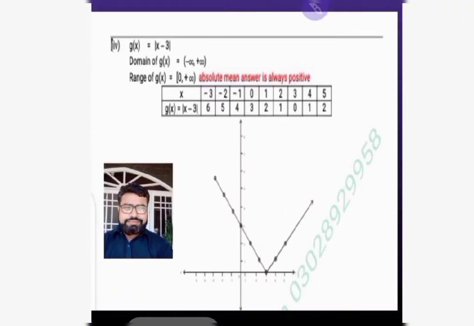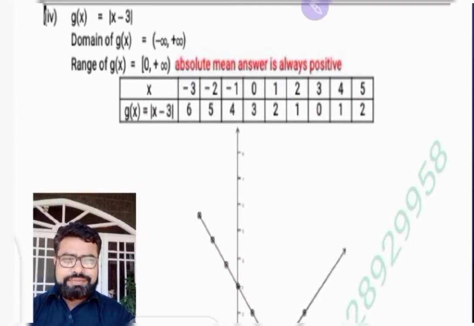Now we will solve the next part. It's an absolute function. If there is a symbol and function like this, we will read it as absolute.